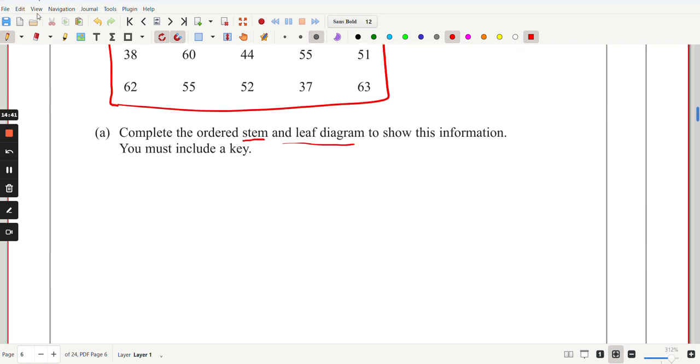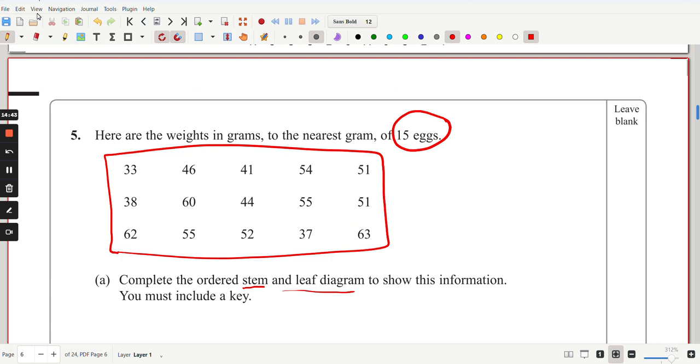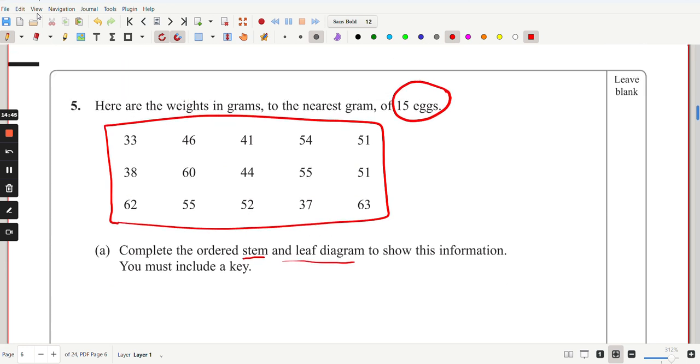Okay, so to complete the stem and leaf diagram, we have to order all of these weights from smallest to biggest. As you can see, first of all, we have 3 tens here, also here, also here, that's all: 33, 38, 37.